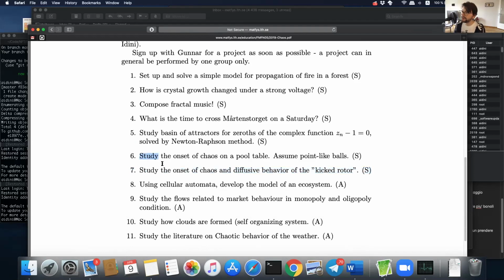And then you can have chaos on a pool table. So if you have your usual rectangular pool table, then it's not chaotic at all. You can predict the trajectories. And if you modify slightly the trajectory, then you will modify slightly also the outcome of your shot. So this is why we can play pool.